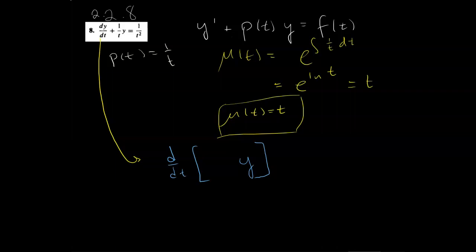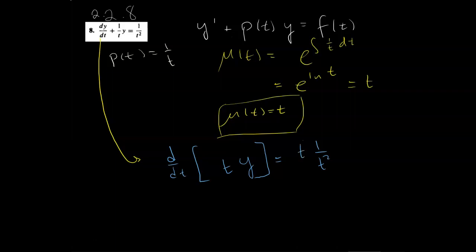So mu, which is just t, even simpler, gives t y. This is equal to f of t, which is 1 over t squared, times your mu, which is just t.